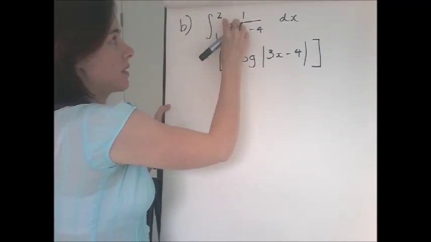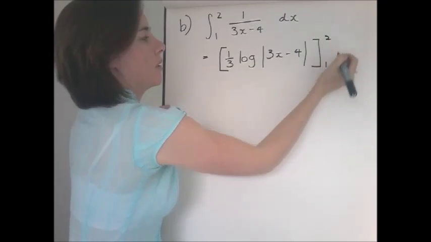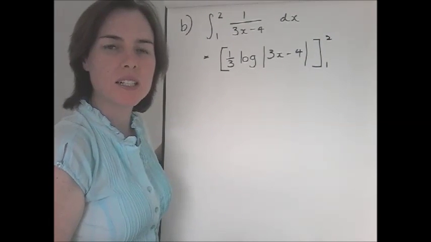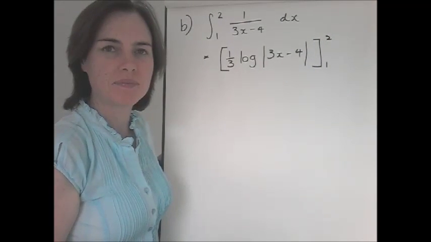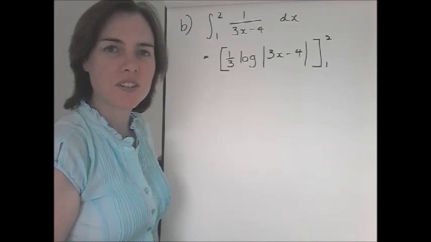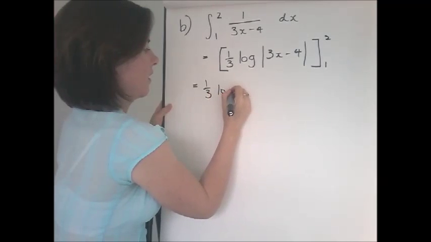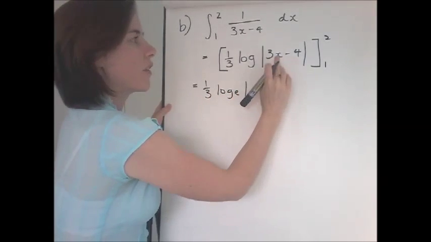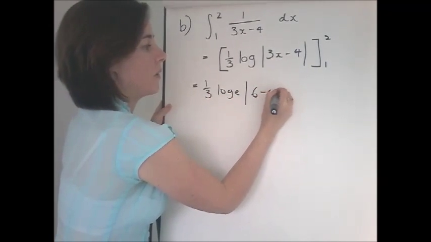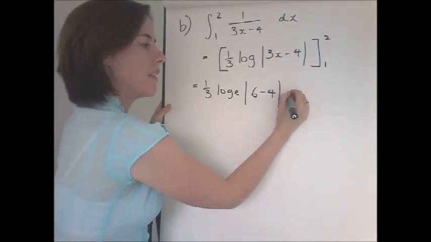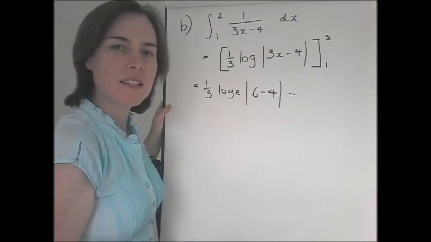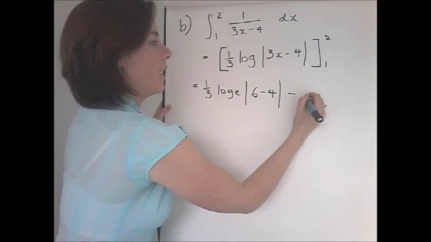And we have terminals again. So we've got terminals 1 and 2, which need to be put on the right-hand side. Now we substitute the terminals in. It's a third log base e of 3 times 2, take away 4. Then subtract, and the same function again, subbing in the 1.